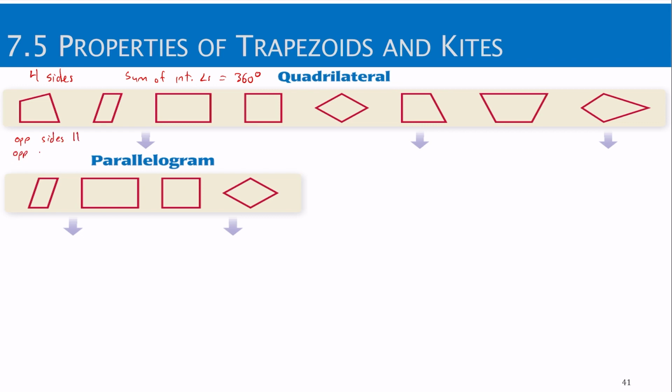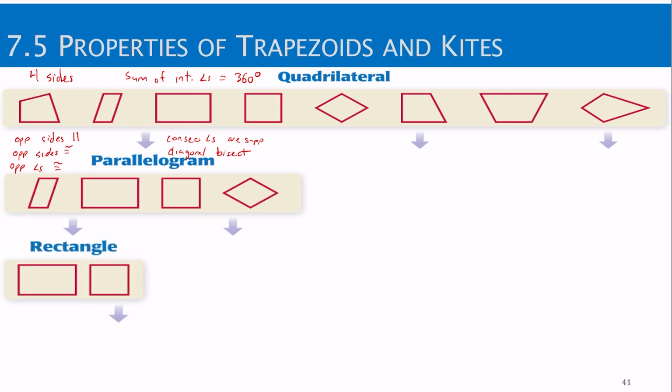We also know the opposite sides are congruent, the opposite angles are congruent, the consecutive angles are supplementary, and the diagonals bisect each other. But since parallelograms are a smaller set of quadrilaterals, they also have all the properties of quadrilaterals. The interior angles have to add up to 360, and they have four sides.